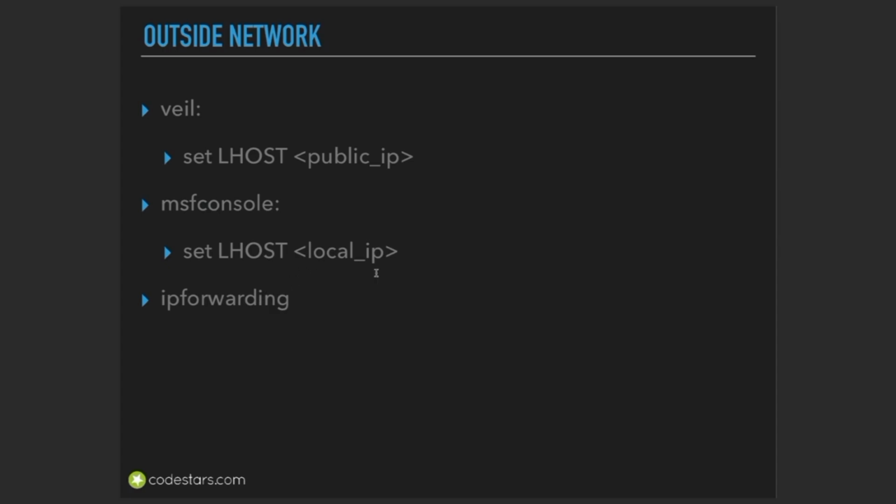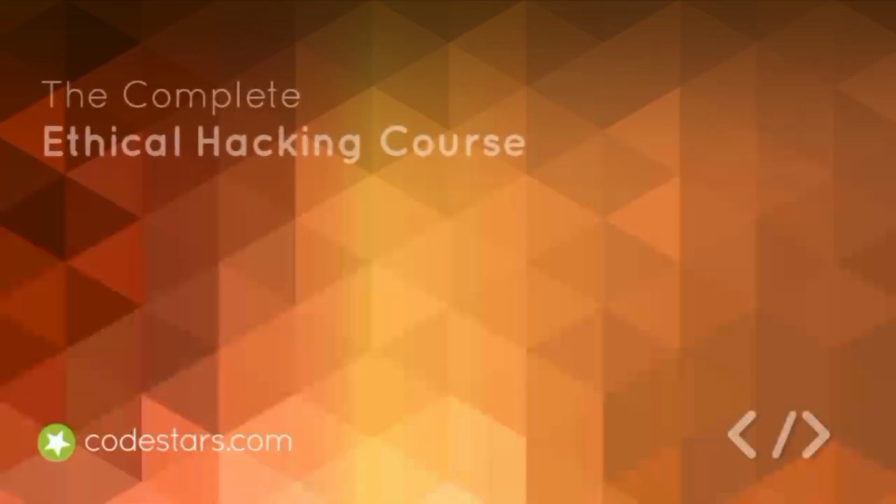So you will have to work with your USB Wi-Fi card in order to obtain a local IP for your Kali Linux machine. And you have to set the LHOST to your local IP in the MSFconsole, and you have to do a setting in your router administrator panel to forward this connection as well. And don't worry, I'm going to show you how to do all of these things in the next lectures.